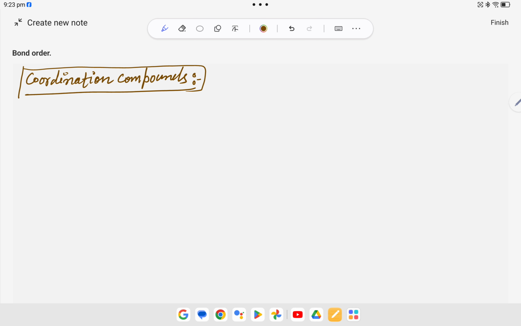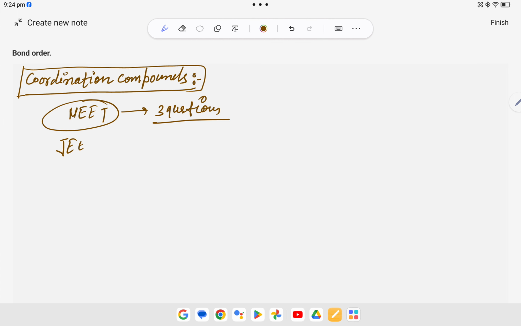Okay, so in the NEET exam, the weightage of the question is three questions from the coordination compound.